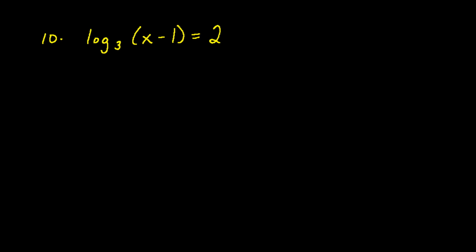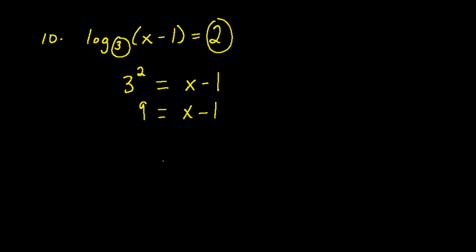Next, we're going to solve a logarithmic equation. Log to the base 3 of x minus 1 equals 2. We could take the base of 3, go across the equals and get its power of 2, and set 3 squared equal to the argument, which in this case is the thing in the parentheses, x minus 1. So we've gotten rid of the logarithmic form by rewriting in exponential form, and this is an easy equation to solve. 3 squared is 9.